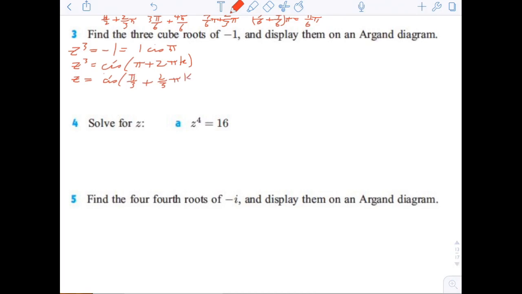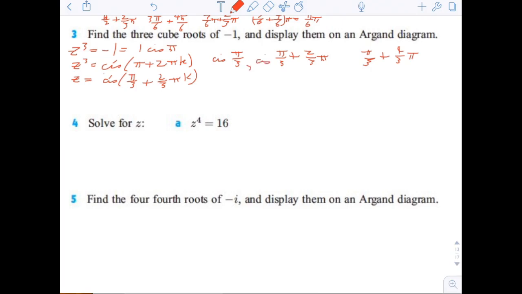And I get that. And so I have 3 roots, and one of the roots is pi over 3, and the other 2 roots are pi over 3 plus 2/3 pi, and pi over 3 plus 2/3 times 2, which is 4/3 pi. And so, I'm sorry, cis pi over 3 is one of the roots.